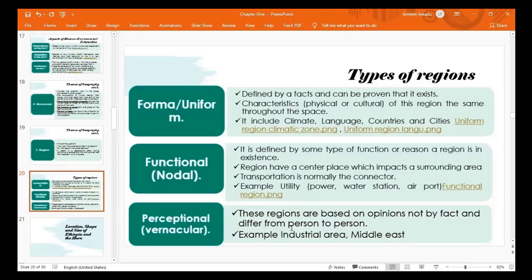These are based on opinions, and it cannot be proven that they exist, or there is no clear demarcation for an industrial area or when we say Middle East. So these are the three types of regions.